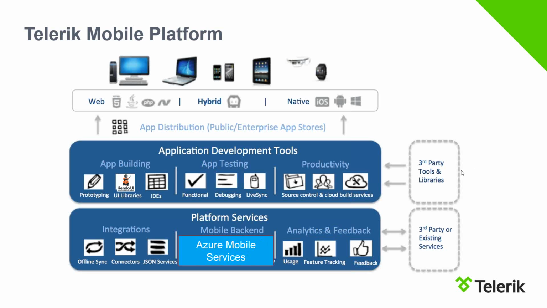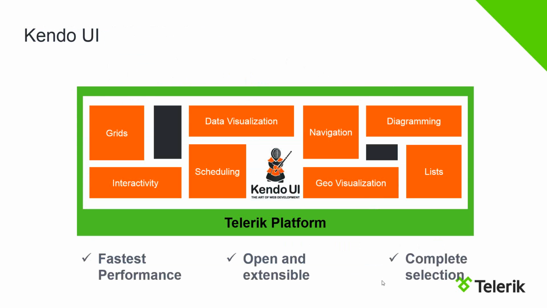For example, if you wanted to use AngularJS or Backbone.js in your mobile application, we allow you to just get everything in. It's not a closed box, it's pretty much an open box, extensible and composable. It is a bunch of Lego blocks, and you can bring your own Lego blocks to the party as well.